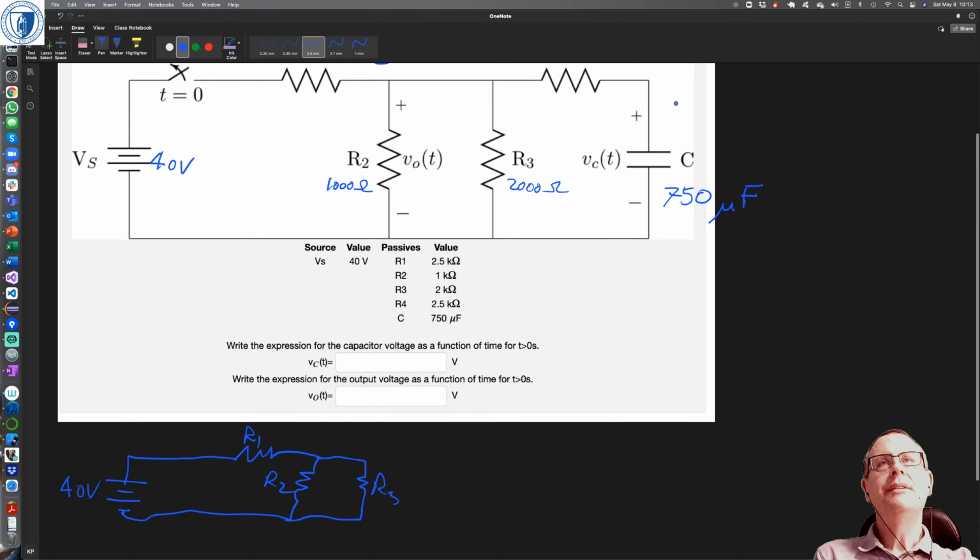Now, because we've been at steady state for a long time, the rest of this circuit looks like this. Right?